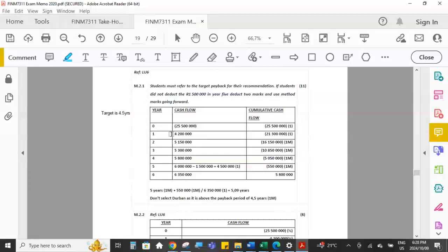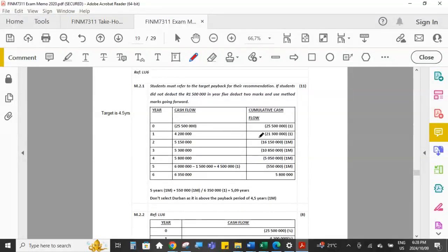Then you can see in year 1, we start getting a cash flow in. So our total net cash flow is then negative 21,300,000. So it's the initial negative, and then we start adding the cash flows, inflows as they take place.